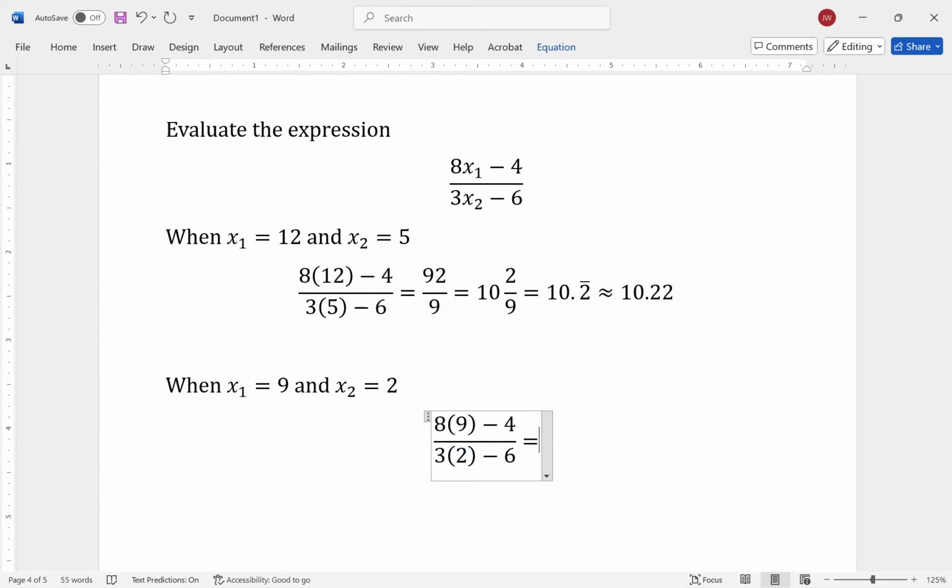In this case, the numerator becomes 68. The denominator becomes 0. Now, dividing by 0 is a problem in the real numbers. So whenever we divide by the number 0, this expression is undefined or does not exist.